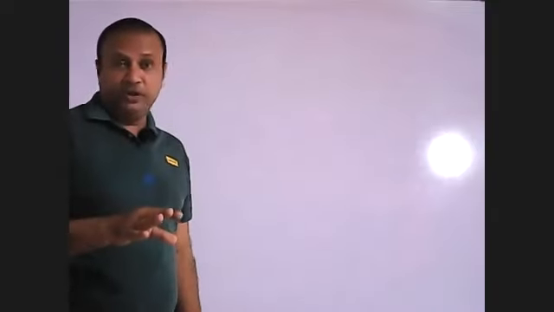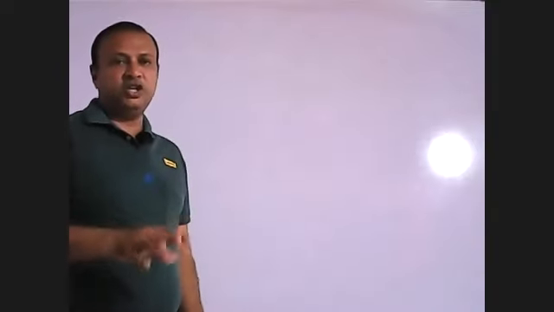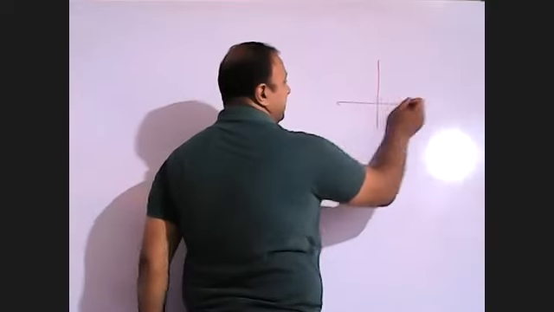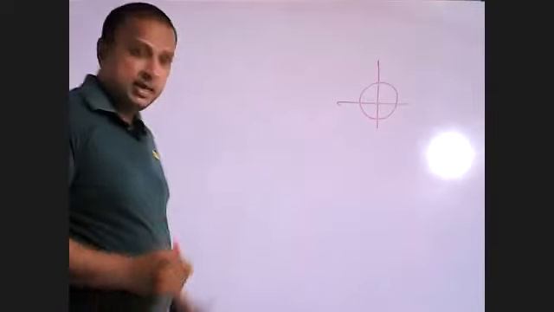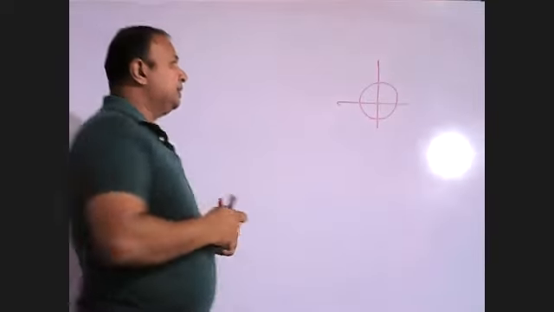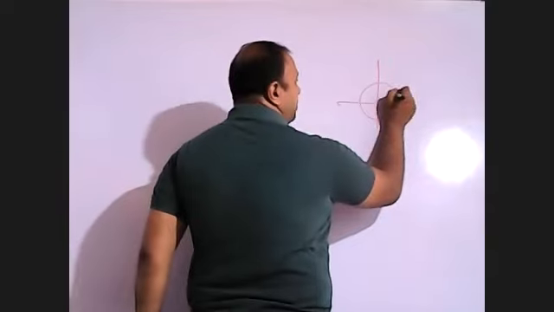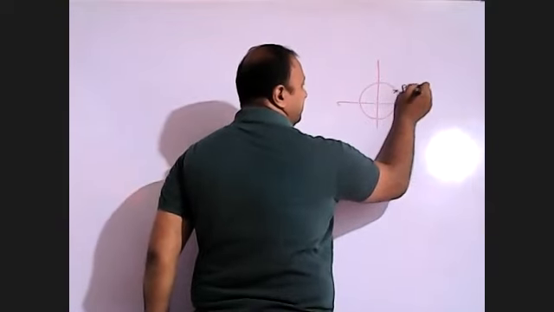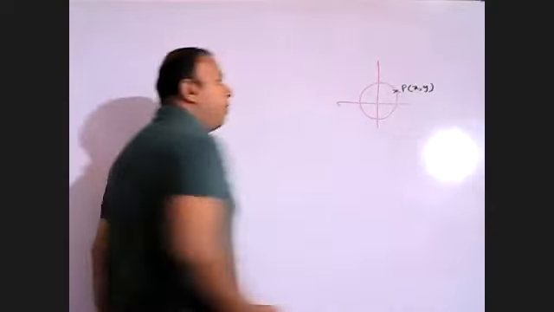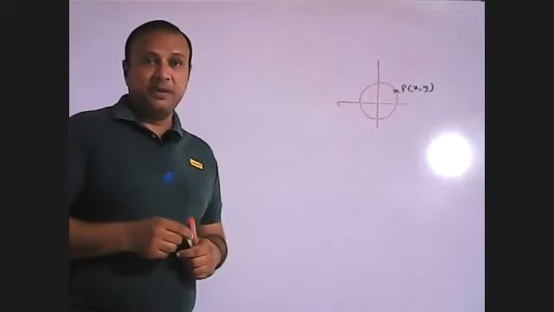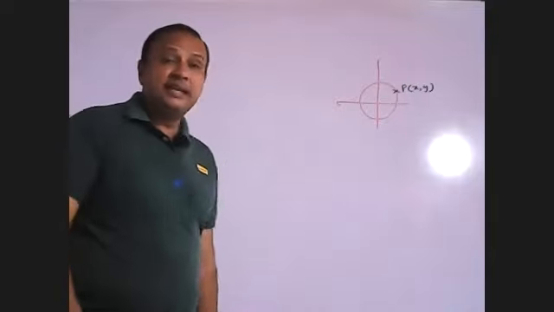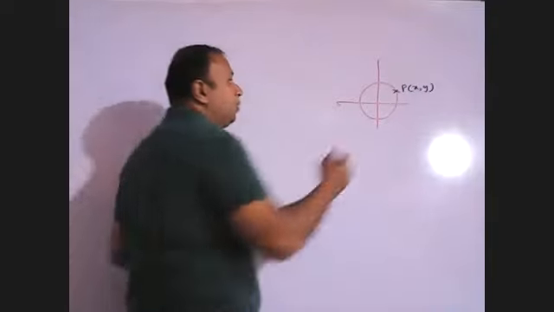According to that definition, if we draw a unit circle, the coordinates of any point on a unit circle represents sine and cos values of the particular angle.